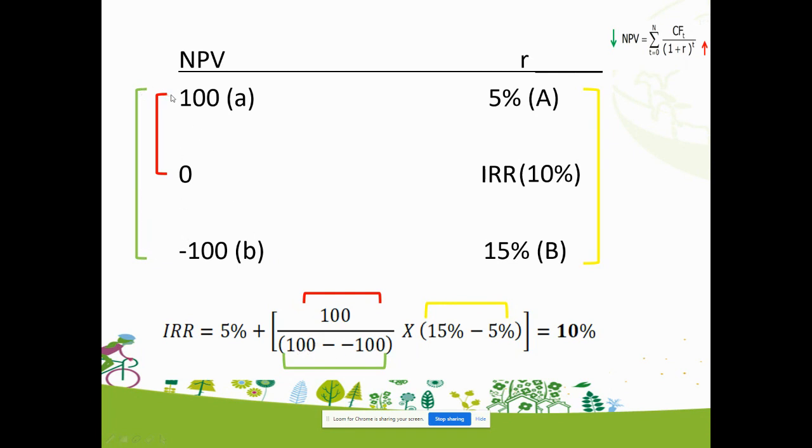So the distance here divided by the total distance is half, because 100 is half of the total distance to get to 0. Then times the total distance in terms of percentage, which is 10%. So half of the 10% is 5%. So I'm using 5% here plus another 5% in order to get the 10%.